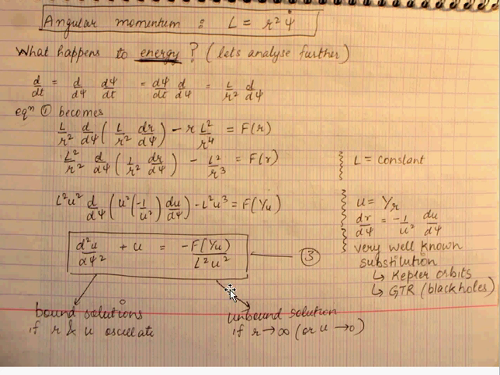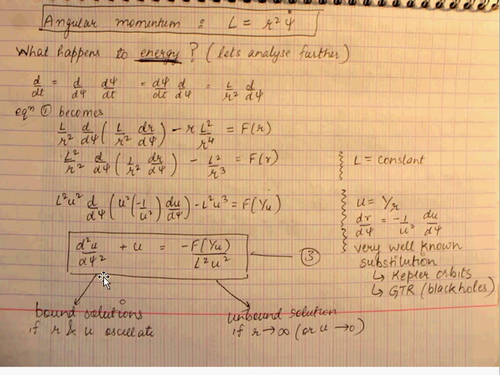Now this equation, we will later solve a problem using it. It's a very important equation, right? Instead of being in r, it's in u, and instead of derivatives with respect to time, it has derivatives with respect to ψ, the azimuthal angle.